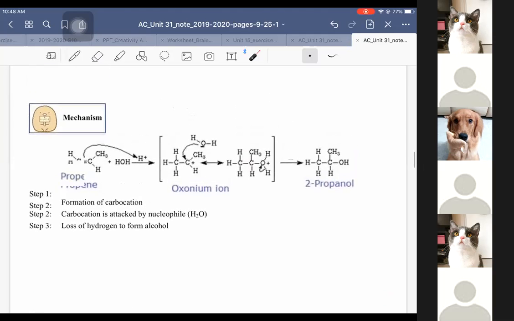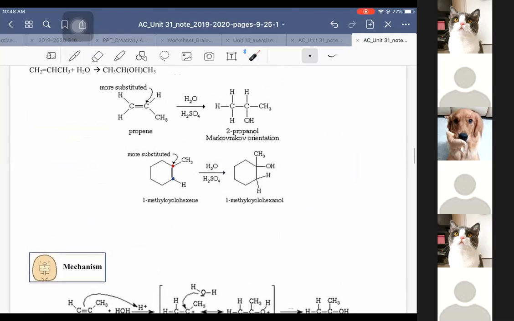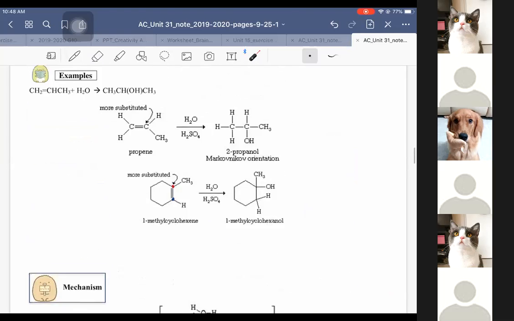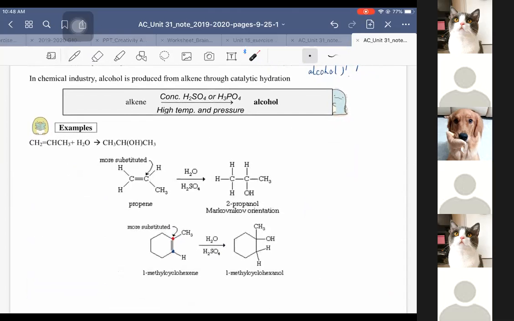So that's the reaction. This one is pretty straightforward, but this method to prepare alcohol has some pros and cons. The good thing is it's a fast reaction, and we will be able to get a pure alcohol product.